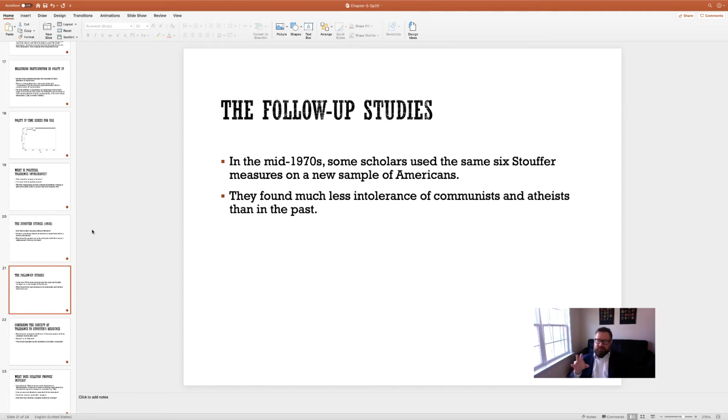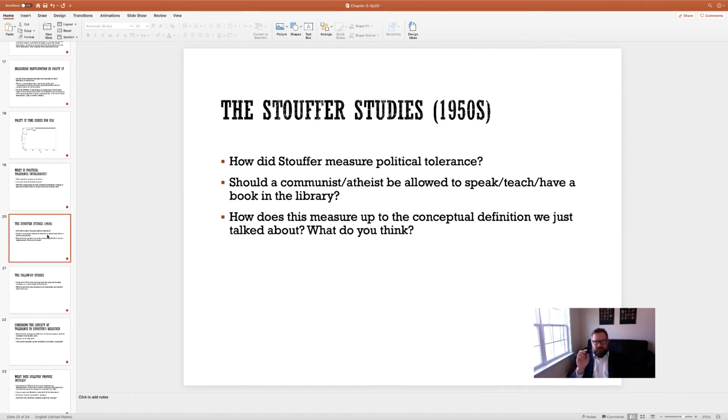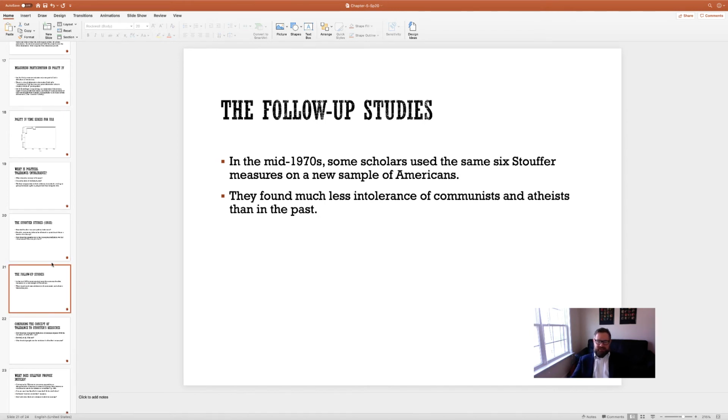So if the society itself is becoming more left-wing, and there are more communists in your sample, more atheists in your sample, and you ask them the same question, should a communist or atheist be allowed to speak, right? If they're already a communist or atheist, that doesn't necessarily indicate that they're tolerant, because now the society has shifted such that the viewpoint itself is no longer taboo.